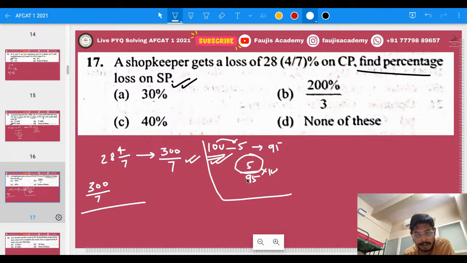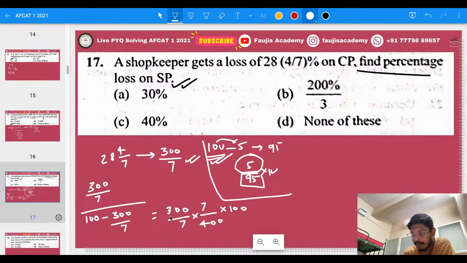And this 95 is how much? 100 minus 5, which means 100 minus 300 divided by 7, isn't it? So which will give us how much? 300 by 7 into this one will become 7 divided by 400. And if we do another into 100, will we get the percentage value?